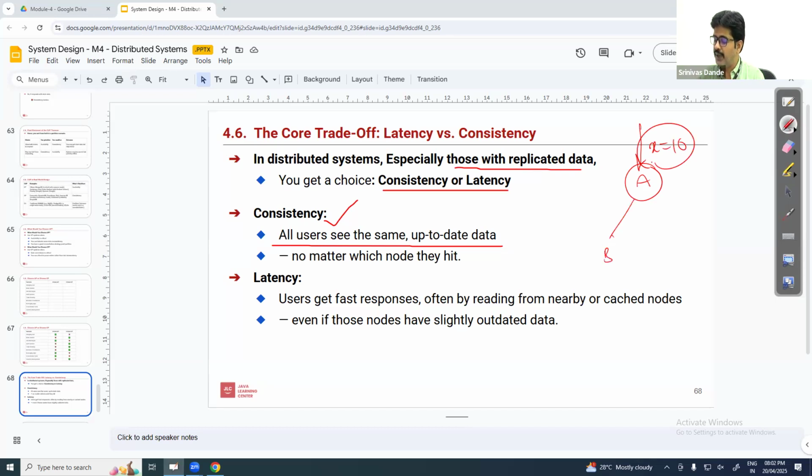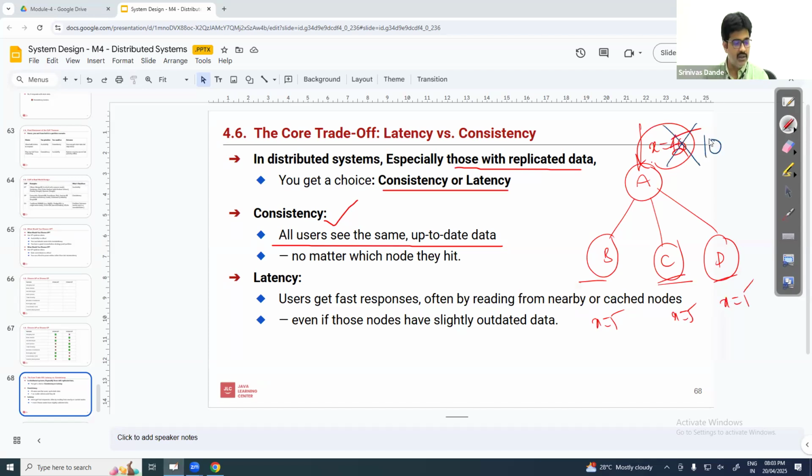Now there are B, C, and D, where previously x equals 5 was there. Now a new write happened, 10. Now it has to be replicated to all three.